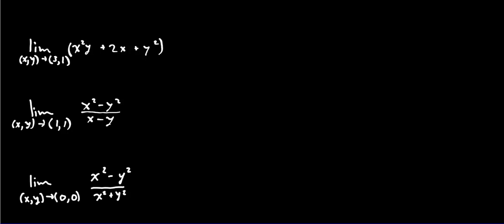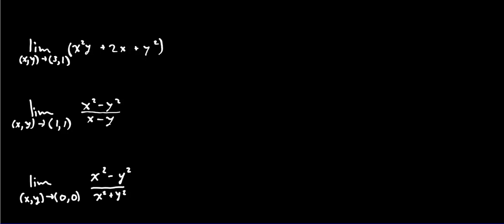I didn't mention this when I talked about functions of several variables, but a polynomial is going to be a sum of terms of this form, where n and m are natural numbers, 1, 2, 3, 4, 5, and so forth, and c is a real number. So if we have a sum of terms like this, then we call that a polynomial.